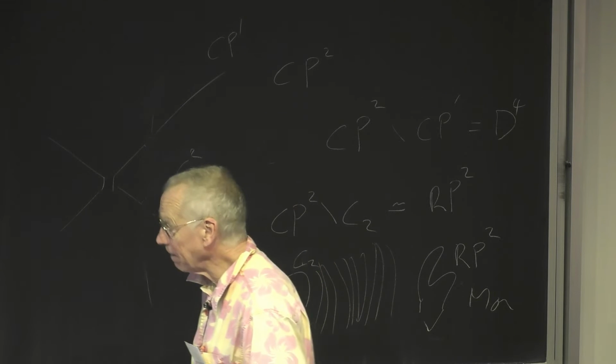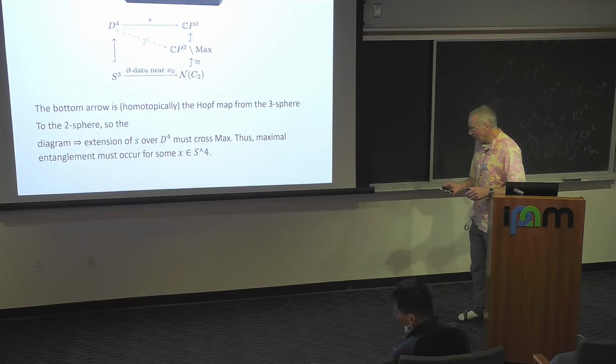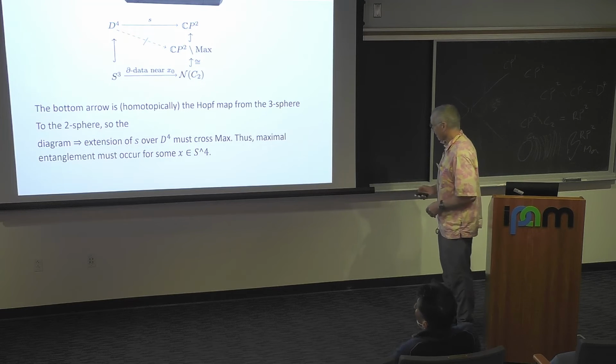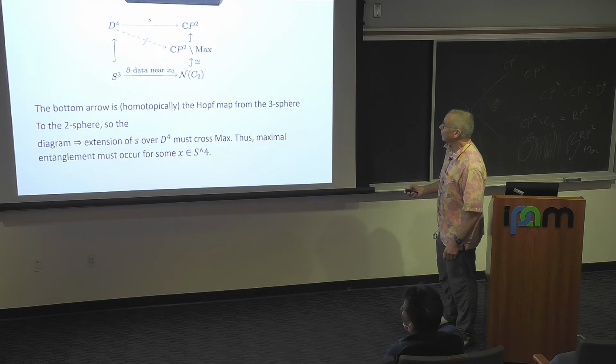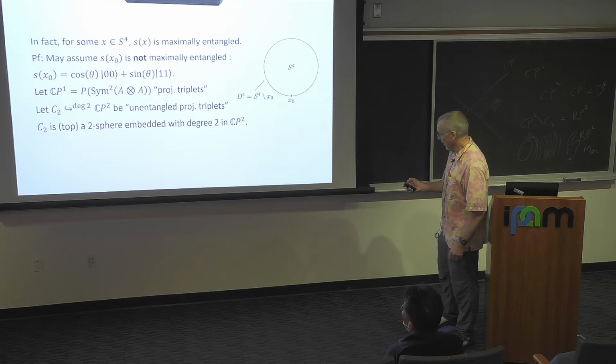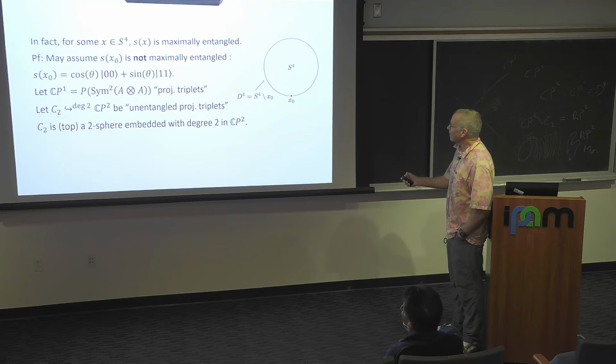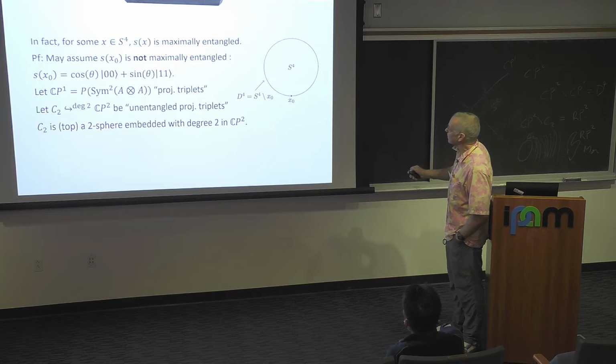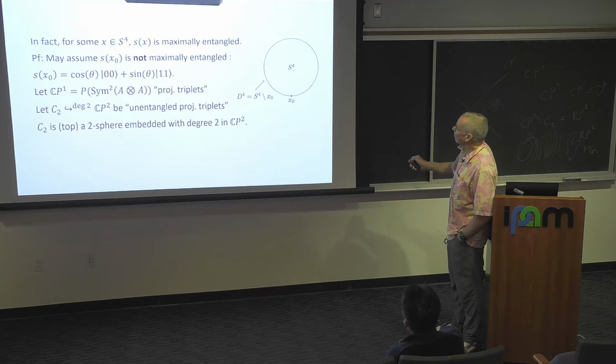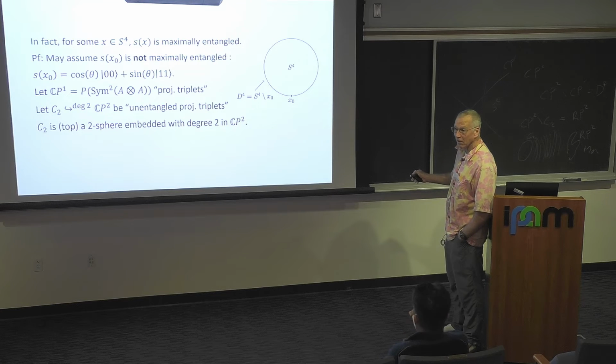So, this picture gives us the following diagram. Maybe I should back up to this diagram. So we have a section that is not maximally entangled at x0, but remember this sphere has this bundle over it. A bundle can always be trivialized over the northern hemisphere of the sphere.